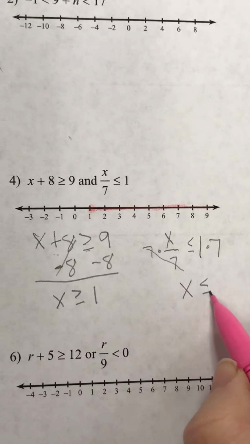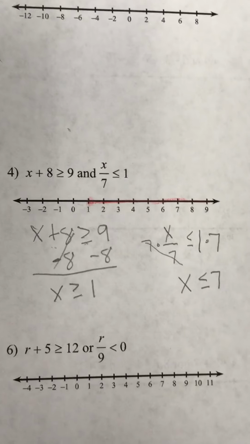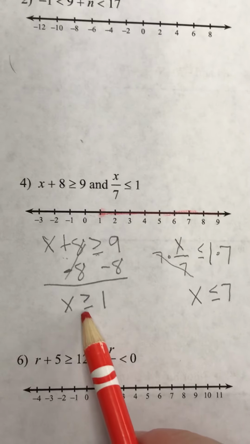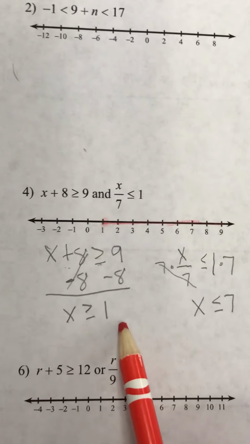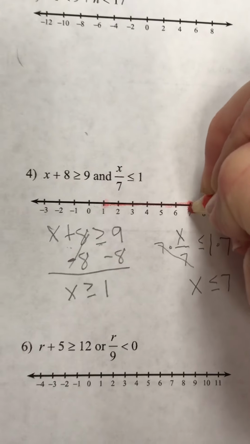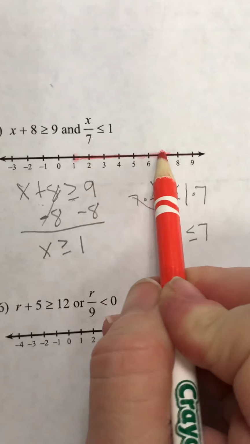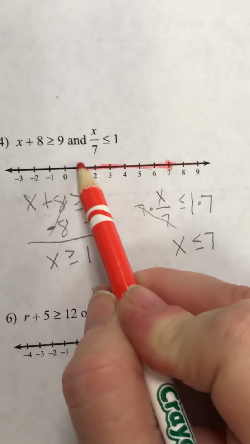So x is less than or equal to 7. Okay, so this one said it was greater than or equal to 1. This one says, okay, but it has to be less than or equal to 7.